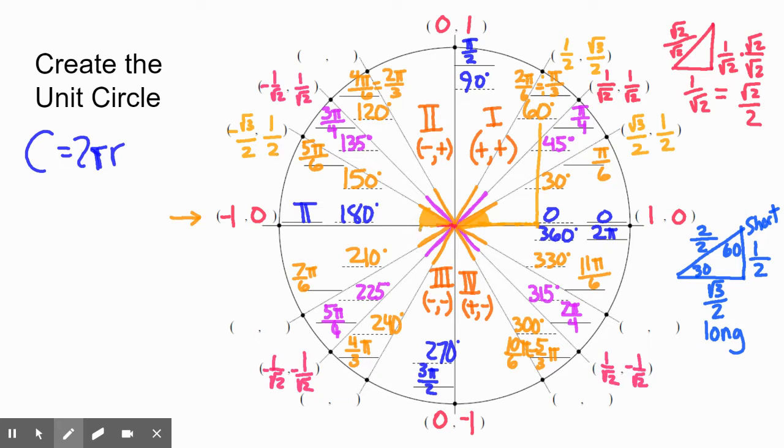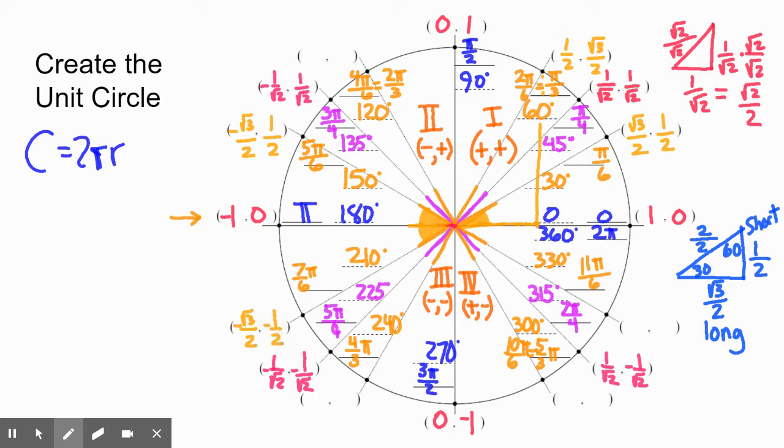Now let's flip it down over the x-axis, the horizontal axis, and what's going to happen down here? Well, the x component is still the long one, so that's going to be square root of 3 over 2, but it's negative. But now y is also negative, right?